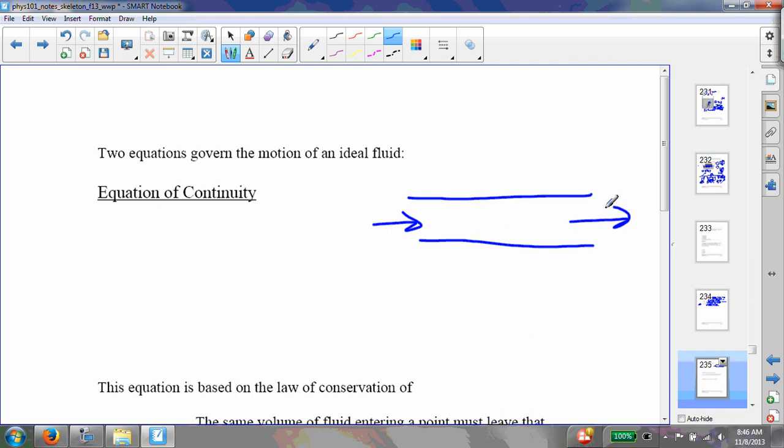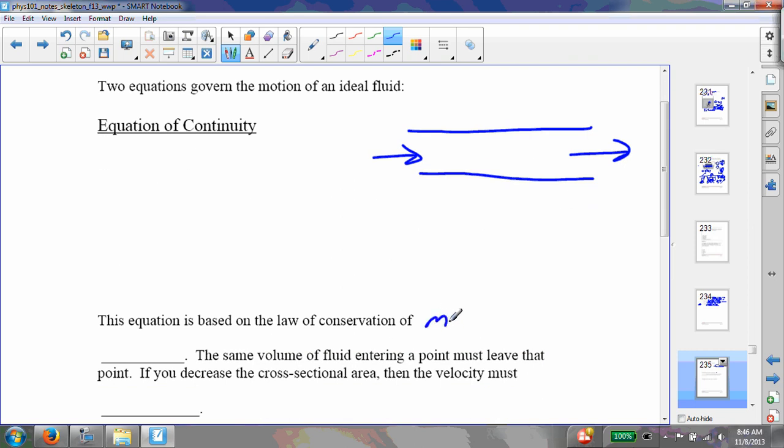This is based on the conservation of matter. The same volume of fluid entering a point must leave that point. So if I have a certain volume coming in, I have to have a certain volume coming out.